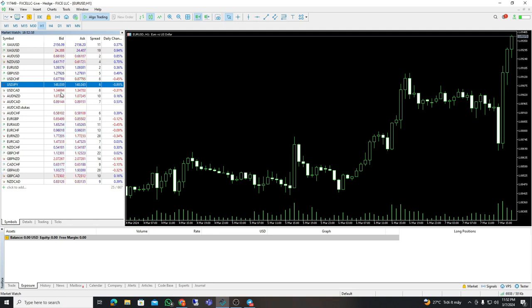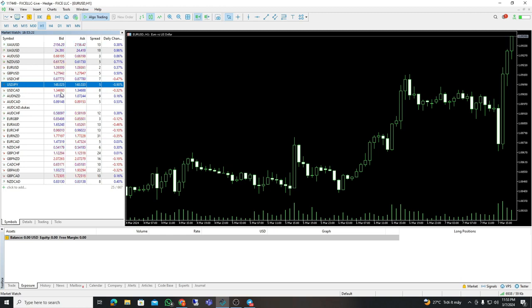The next thing I want to mention is the opening session spread expansion. Sometimes you will see in the morning, especially at the opening of maybe the Australian session, that the spread expands a lot.